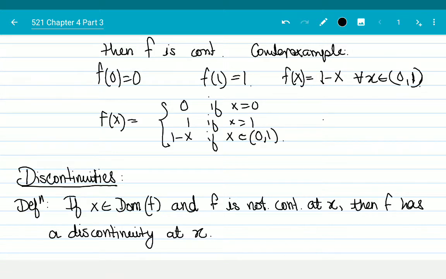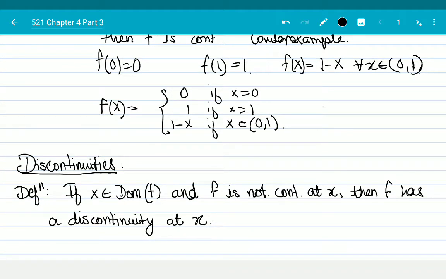Now it could happen that f is discontinuous everywhere.